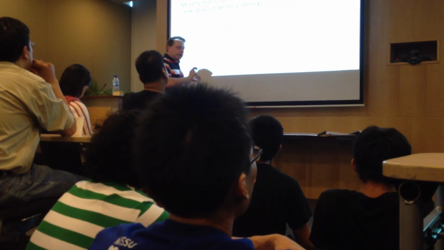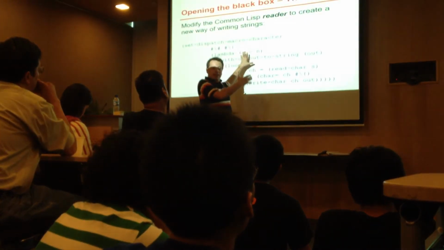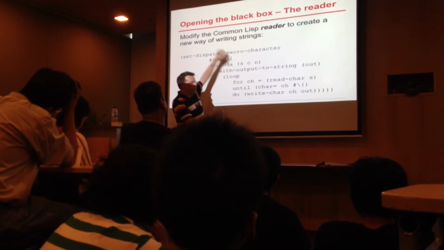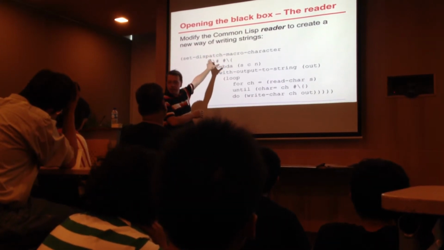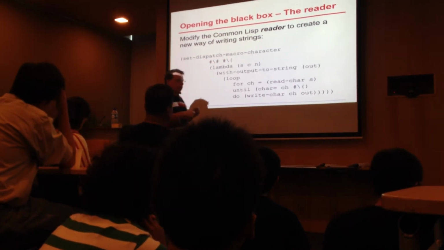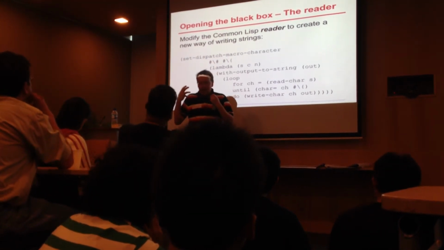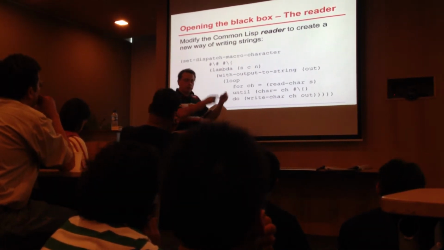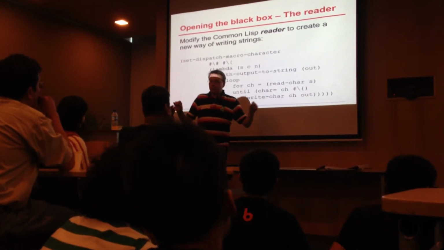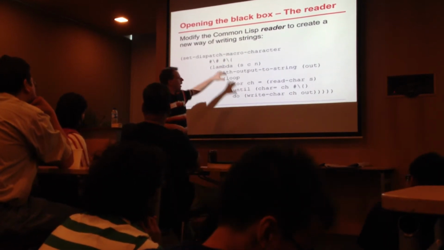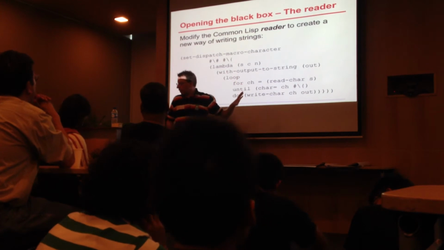The key here is that we're moving even further back, to the first step, the tokenization phase that I had in the slide before. You can actually tell the runtime or the compiler how to convert your sequence of letters into the parse tree that is then subsequently processed by the macro developer.